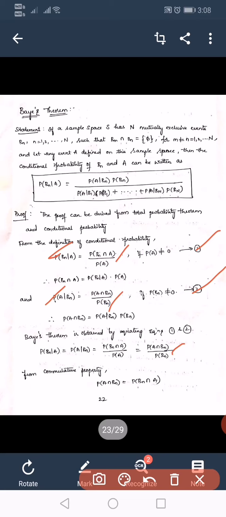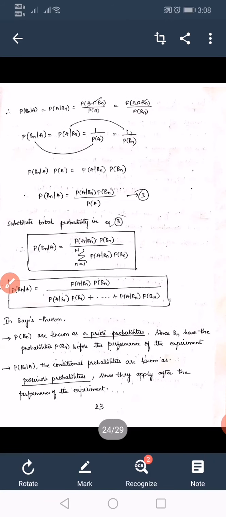And we know that according to the commutative property, P of A intersection Bn equal to P of Bn intersection A. That means these two numerator terms are same. If these two are same, we can cancel each other. Okay, so after cancelling, what is the remaining part? P of Bn given A equal to P of A given Bn, with 1 by P of A equal to 1 by P of Bn.